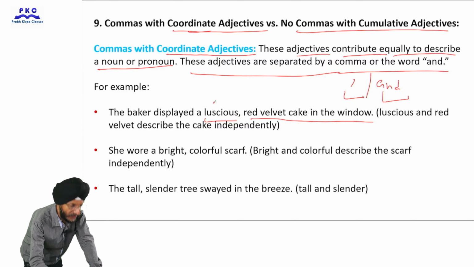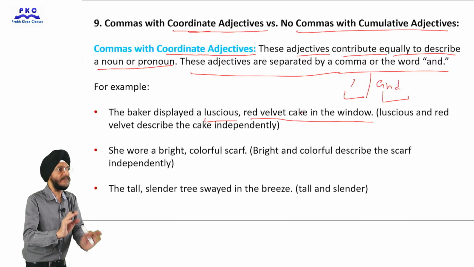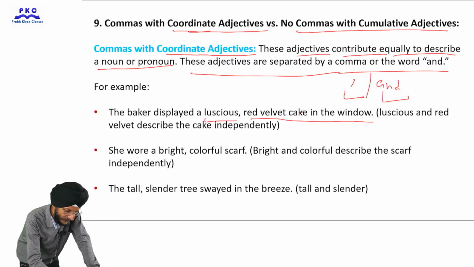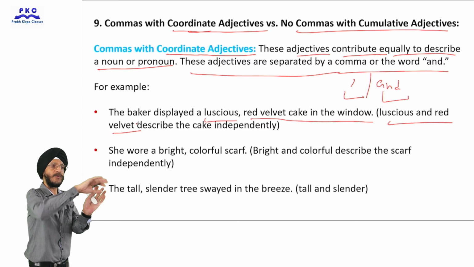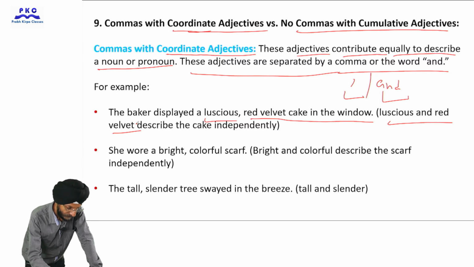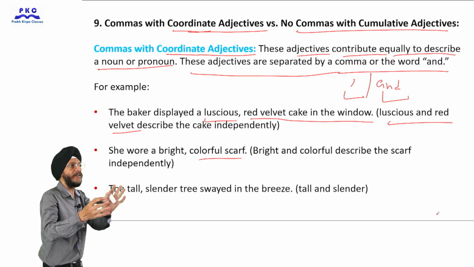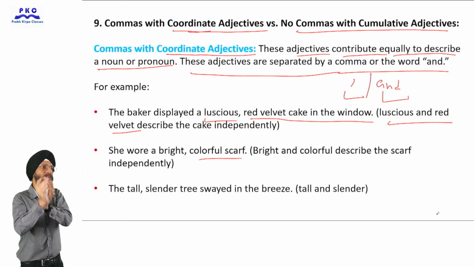These two adjectives are of equal importance so far as the cake is concerned. We can also write that the baker displayed a luscious and red velvet cake. We can use and in place of a comma. She wore a bright, colorful scarf. We can also write it in another way: she wore a bright and colorful scarf.